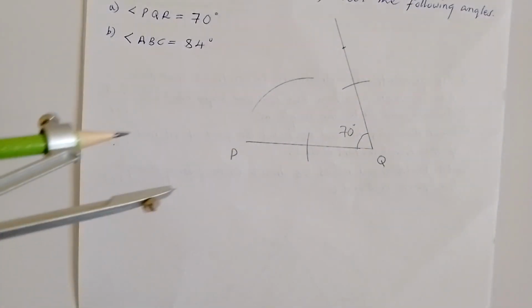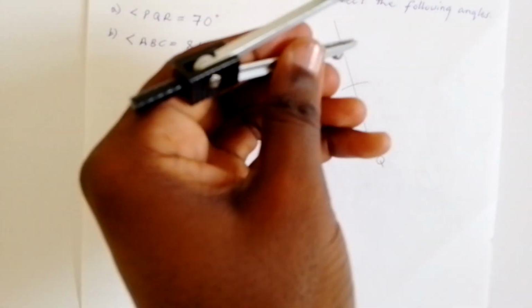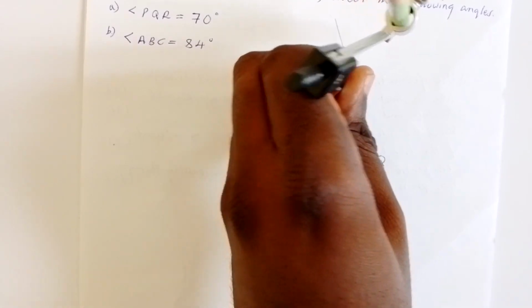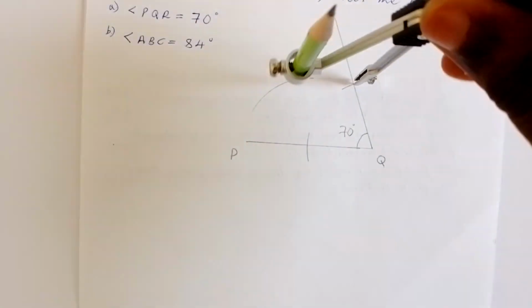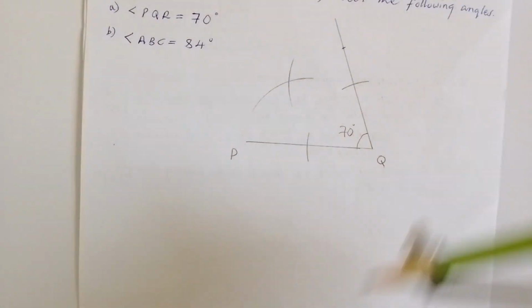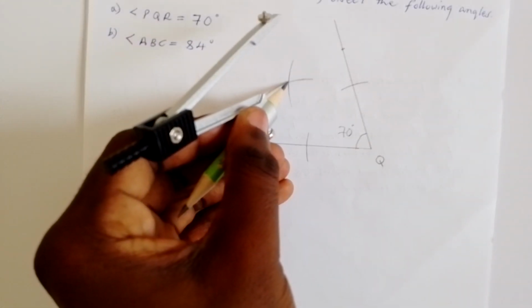There is an arc. Then, since I stood here to construct this arc, I'm now going to fix it there and construct another arc like this. So the 2 arcs have made a point there.